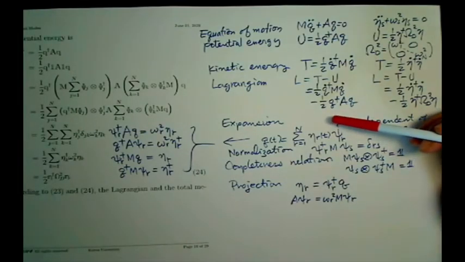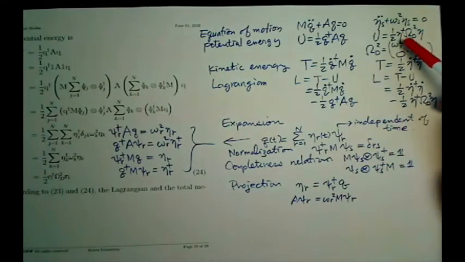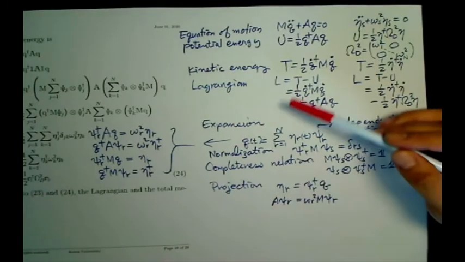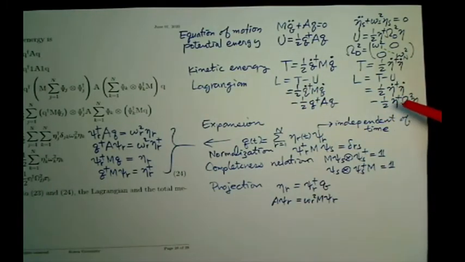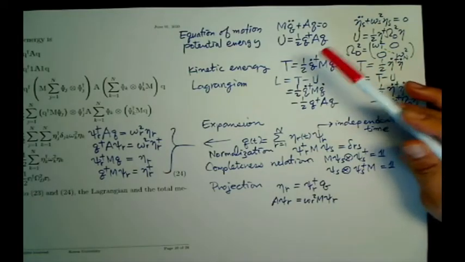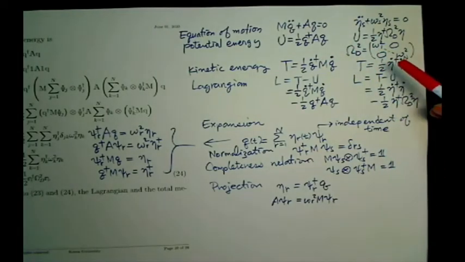As we already have studied, this complicated mixed structure will be very clean after diagonalizing the matrices A and M by making use of the eigenvector psi r.